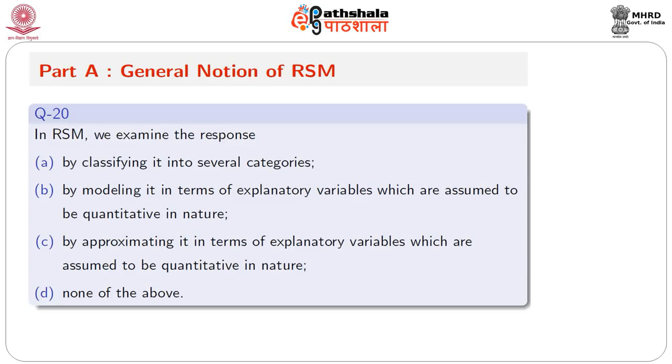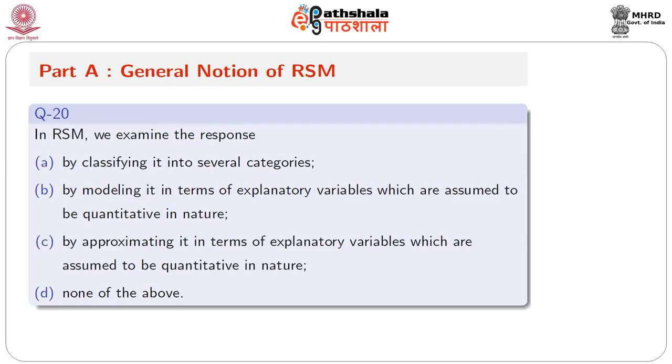So, here is another one. In response surface methodology, we examine the response by classifying it into several categories, or by modeling it in terms of explanatory variables which are assumed to be quantitative in nature, or by approximating it in terms of explanatory variables which are assumed to be quantitative in nature, or none of the above.